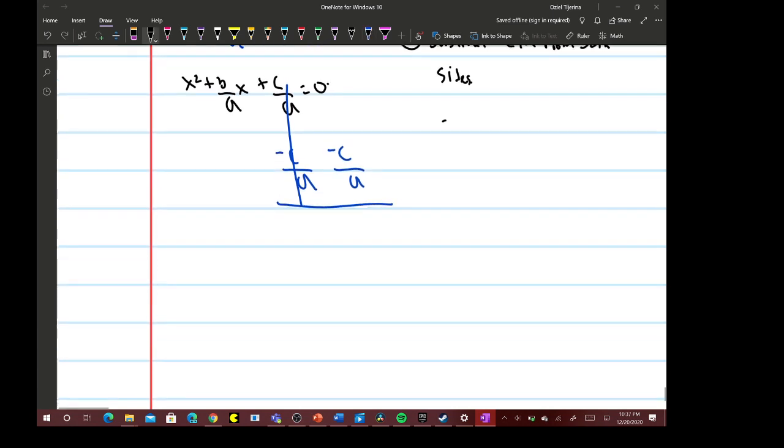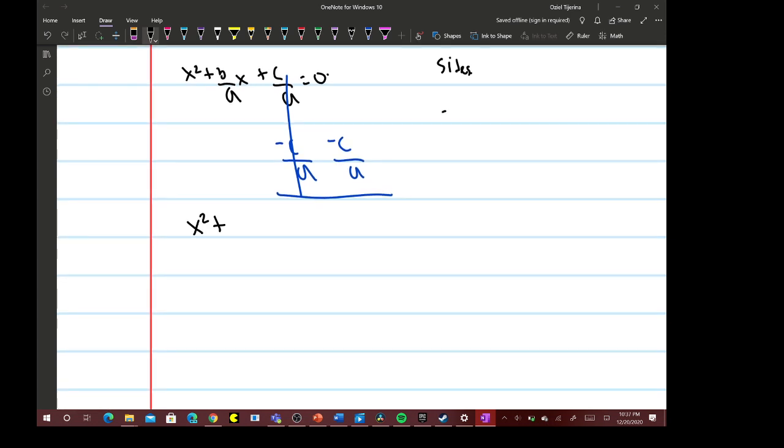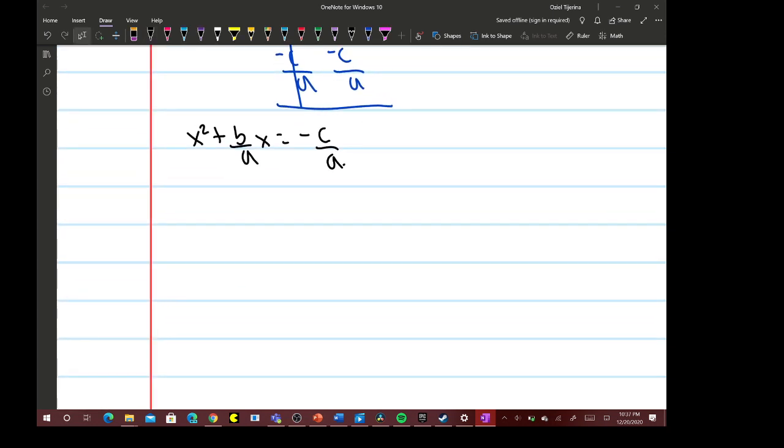So then we have x squared plus b over a x equals negative c over a. One of the things that you have to do about this is say x squared plus b over a x plus blank equals negative c over a plus blank, because you want to complete the square.